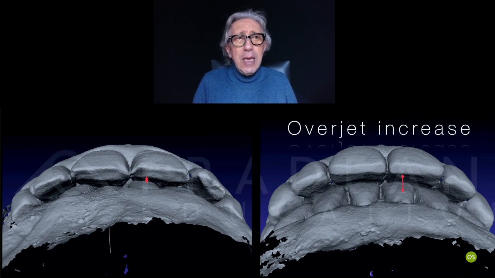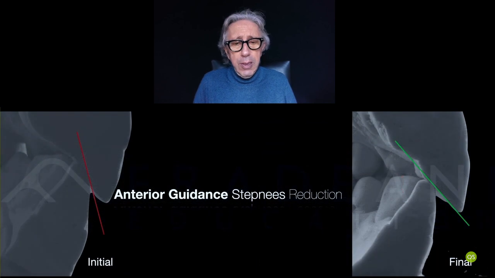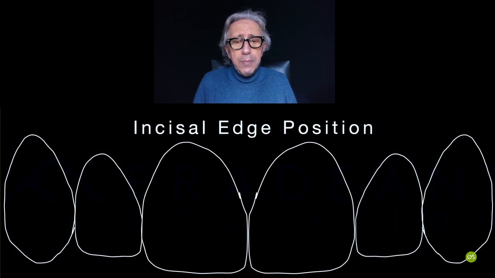Overjet increase is a must in most of our cases, but again, not having the chance then to create interferences on the posterior area, but just having more overjet is still excluding the posterior area. So anterior guidance stiffness had to be reduced as we have described already.